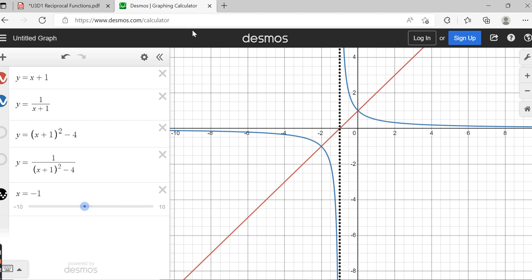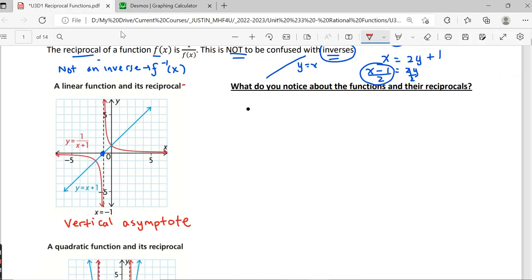The vertical asymptote at x equals negative 1 also coincides with the x-intercept of the original. So there is a vertical asymptote on the reciprocal function.